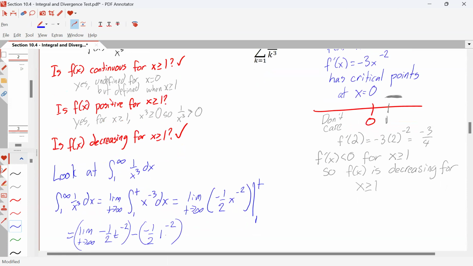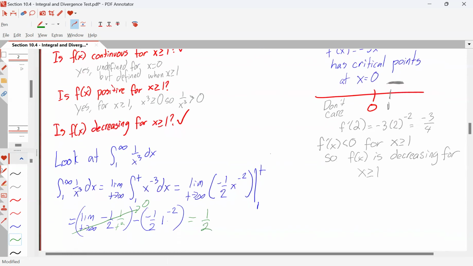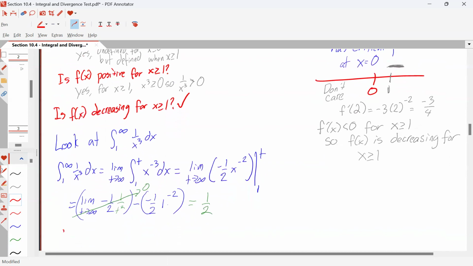Negative 1/2 times 1 to the negative 2 is negative 1/2. The limit as t goes to infinity, t to the negative 2 is also 1 over t squared. That denominator is growing, so the fraction is getting closer and closer to 0. This limit is 0, meaning we have negative of a negative 1/2, or 1/2. So the integral from 1 to infinity of 1 over x cubed dx converges to 1/2.